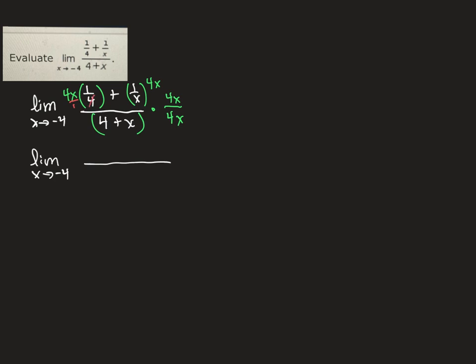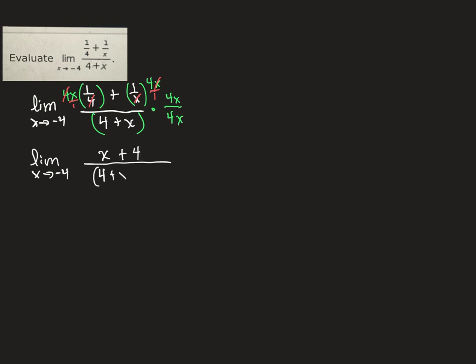The 4 on the bottom in the 1/4 can divide with the 4 of the 4x. So we end up with just x for that first term, plus, and then again, think of that as 4x over 1, which means that the x on the bottom of 1 over x can divide with the x in the 4x. So we end up with 1 times 4, so 4.